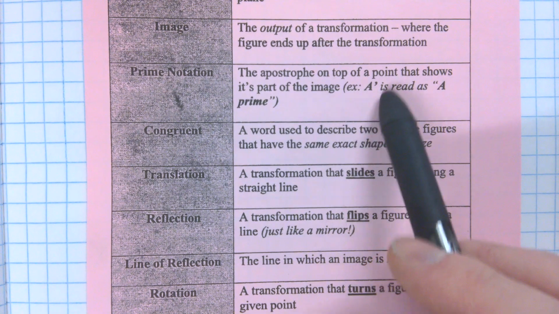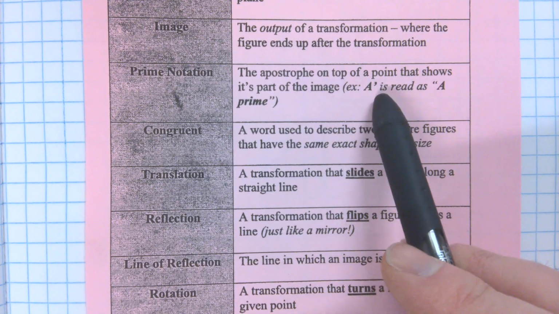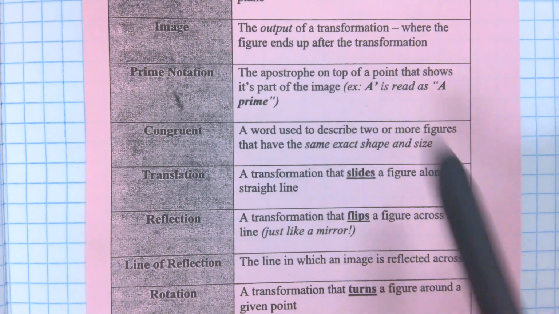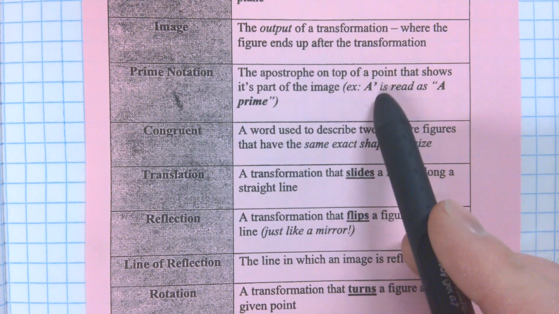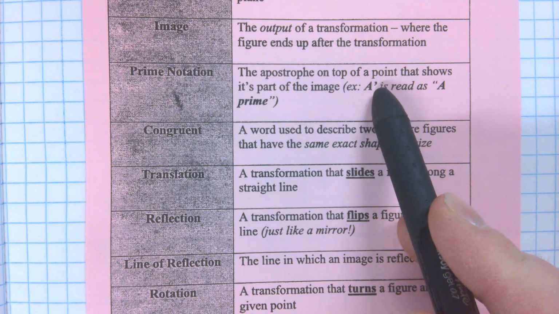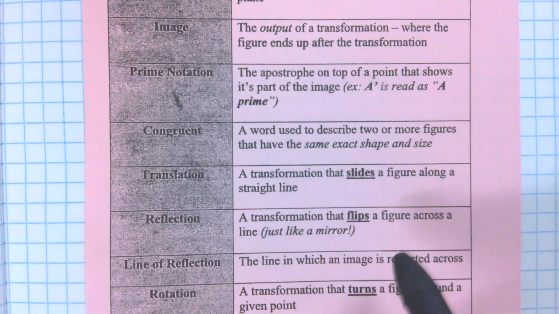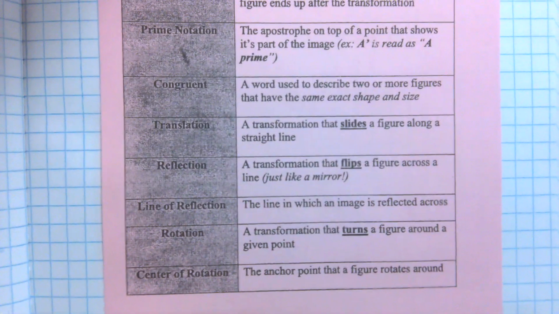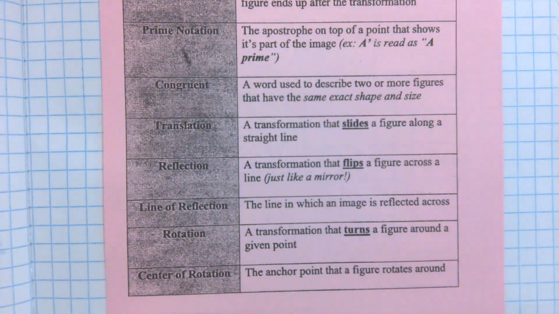Perfect. So don't say A thingy or A apostrophe. If we see something like this, it is A prime. And that little apostrophe denotes that we've transformed point A one time. All right? Prime notation. Again, we'll go more in depth as these come up, but just to get a little primer, I want us to read through them.